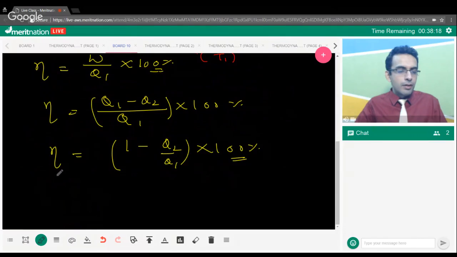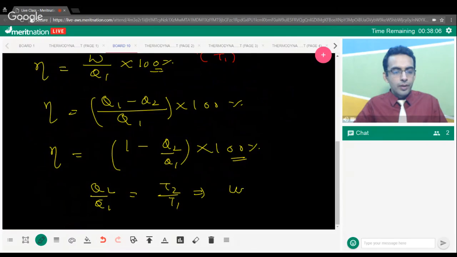Now, Q2 over Q1 is equal to T2 over T1 under ideal conditions. Or you can even prove that Q1 by T1 is equal to Q2 by T2.